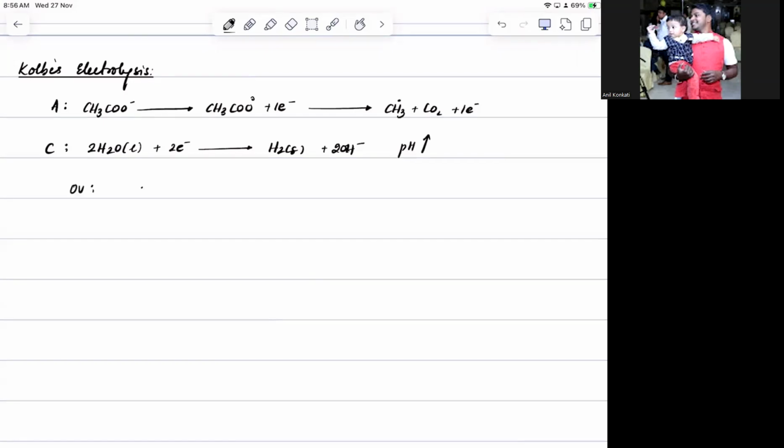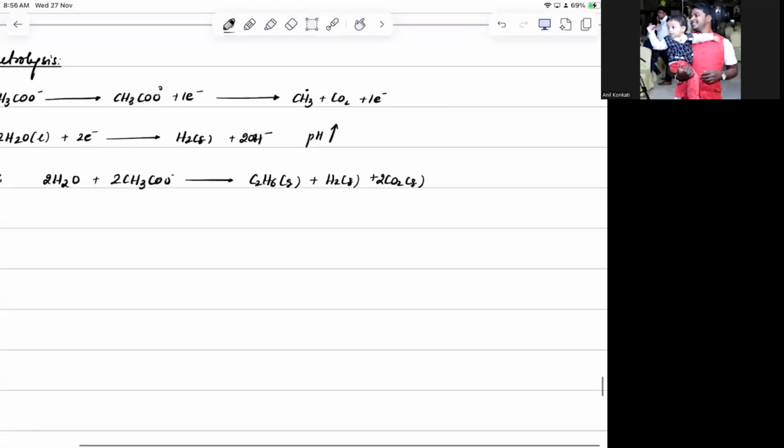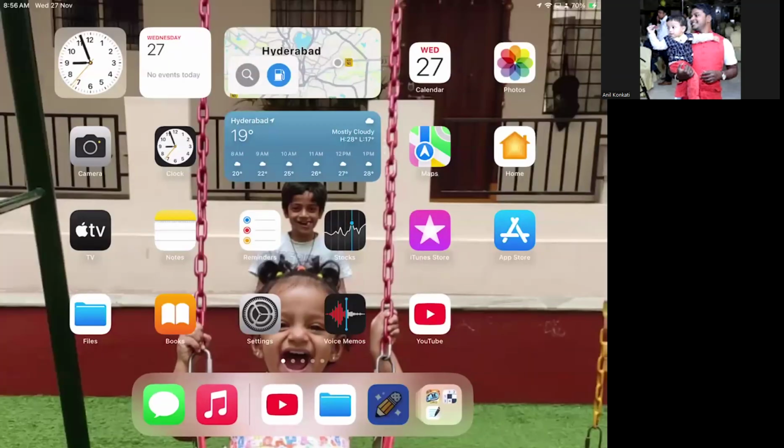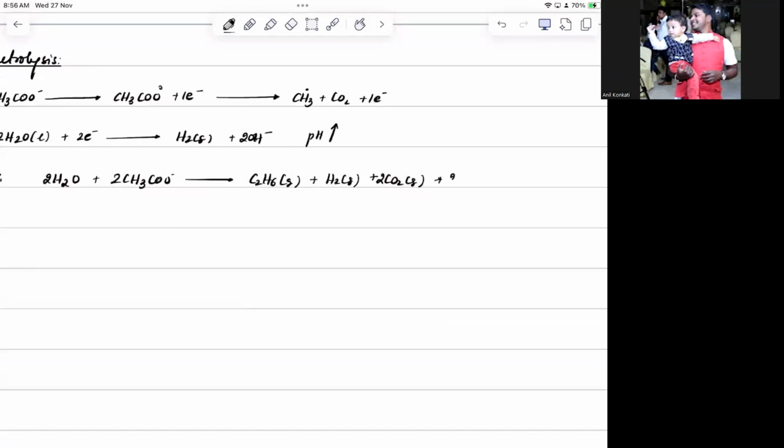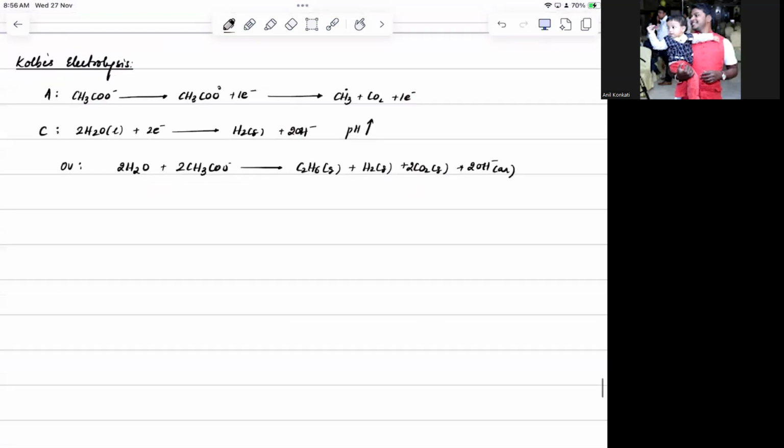So in the overall reaction you'll notice that 2H2O plus 2 moles of CH3COO minus is able to produce C2H6 gas plus 1 mole of H2 gas plus 2 moles of carbon dioxide, clear, plus 2 moles of OH minus. Okay. So this is the overall reaction which you will notice. Done.